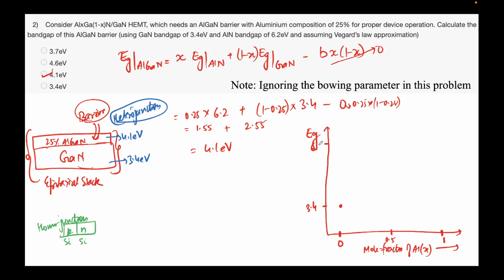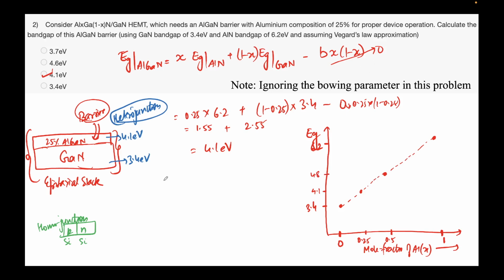Let's say this is 6.2. We'll get this point. If I ignore the bowing parameter, what you expect to get is this straight line. And when the mole fraction is 0.5, we had also done 0.25, right? So for 0.25 we had obtained 4.1. This point we had obtained, 4.1. For 0.5 you should get exactly the midpoint, which is 4.8, and so on. So you'll get this on a straight line if you ignore the bowing parameter.